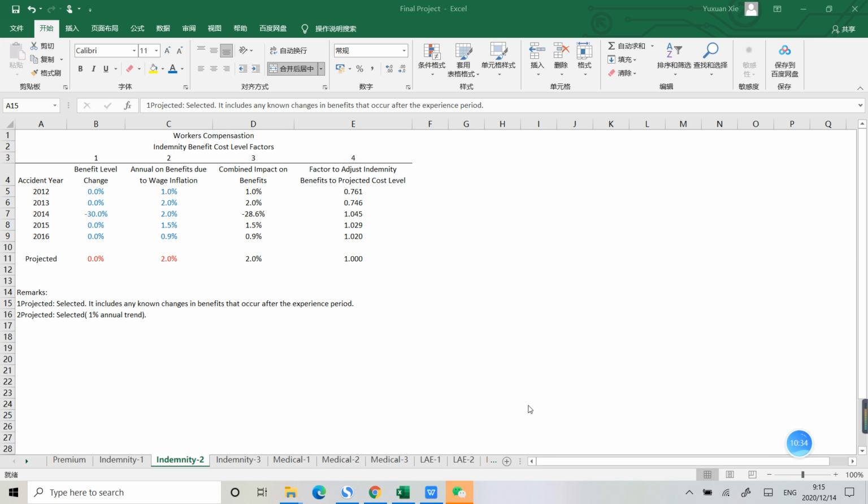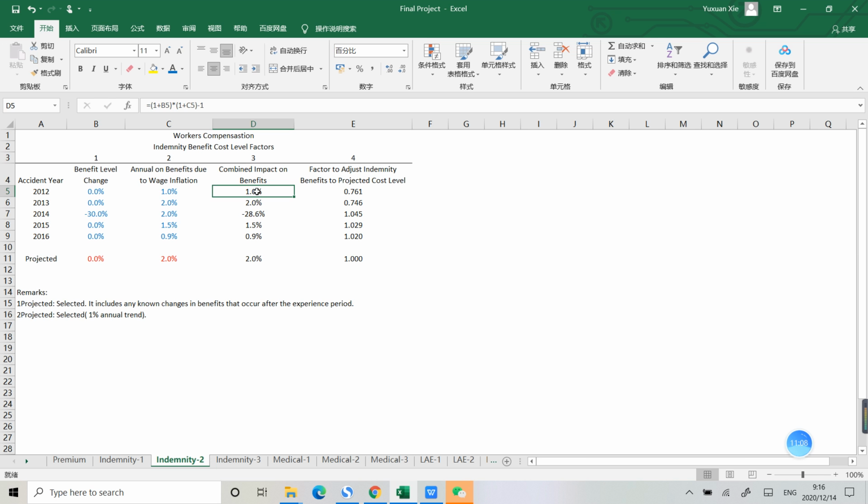And the last row for column 1 includes any changes in benefits that occur after the experience period, which is 0%. And column 3 is the combined impact of both benefit level changes and wage inflation. So it is equal to 1 plus benefit level change multiplied by 1 plus annual change in benefits due to wage inflation, minus 1.